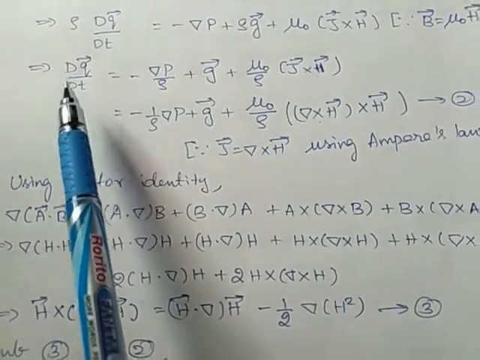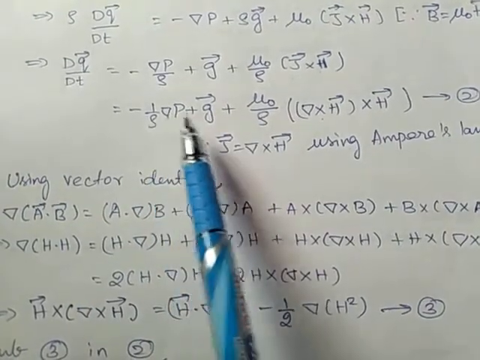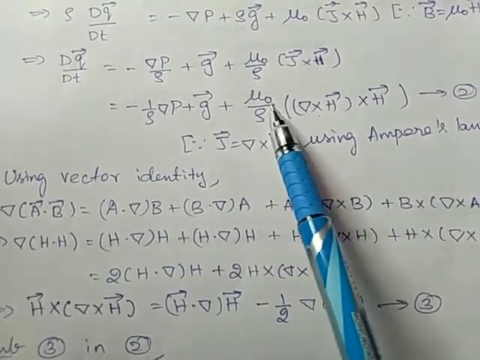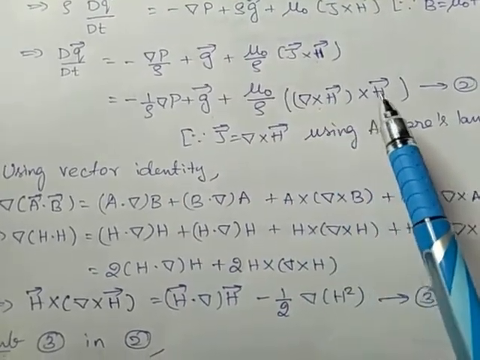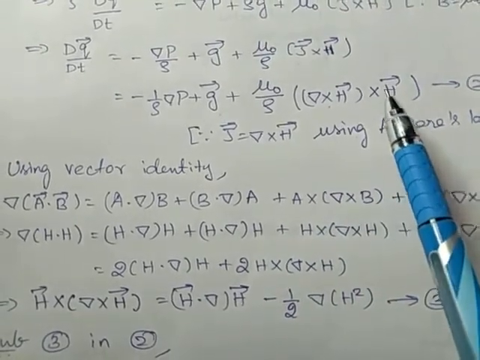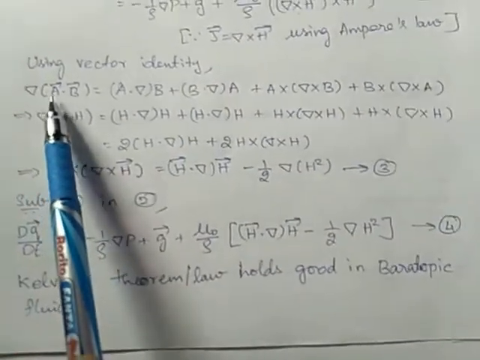So what is our equation 2? Dq by Dt is equal to minus 1 by rho of pressure gradient and acceleration due to gravity, plus mu naught by rho del cross H cross H. To find del cross H cross H, I am considering a vector identity. What is the vector identity?